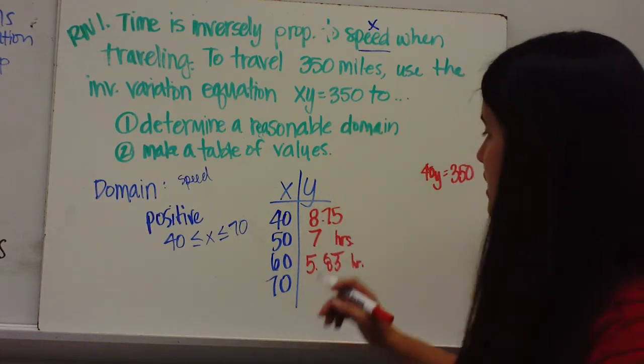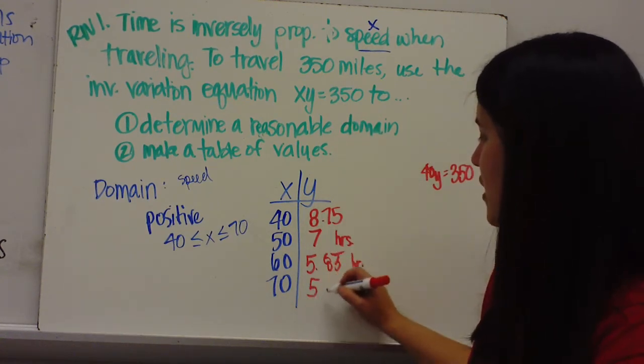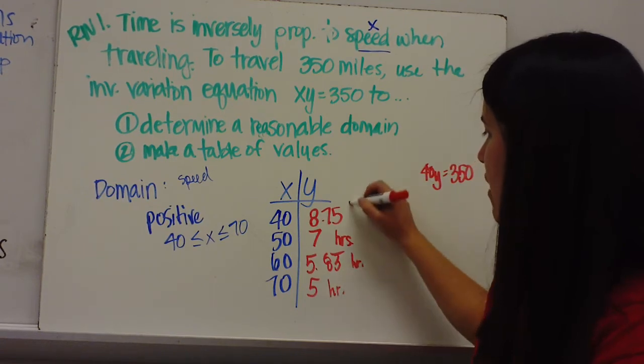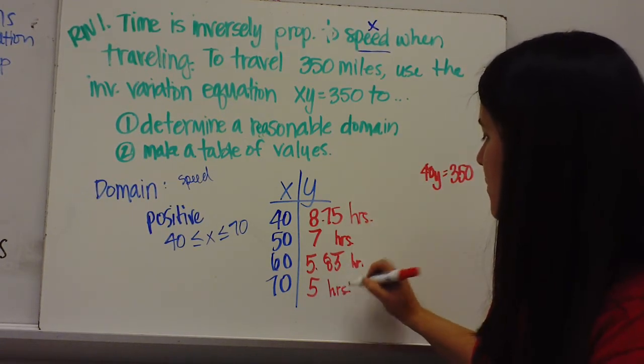And then 350 divided by 70 miles per hour is going to take us 5 hours to get there.